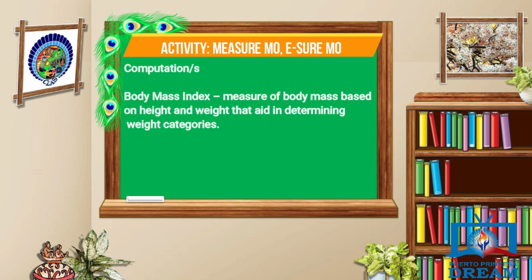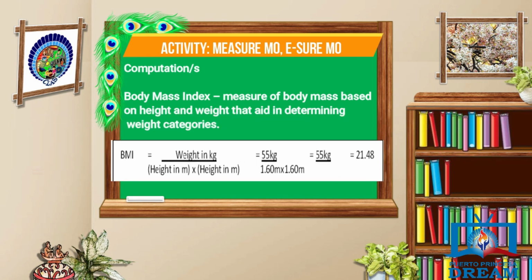Here are the computations. Body mass index is a measure of body mass based on height and weight that aids in determining weight categories. Here is the example.